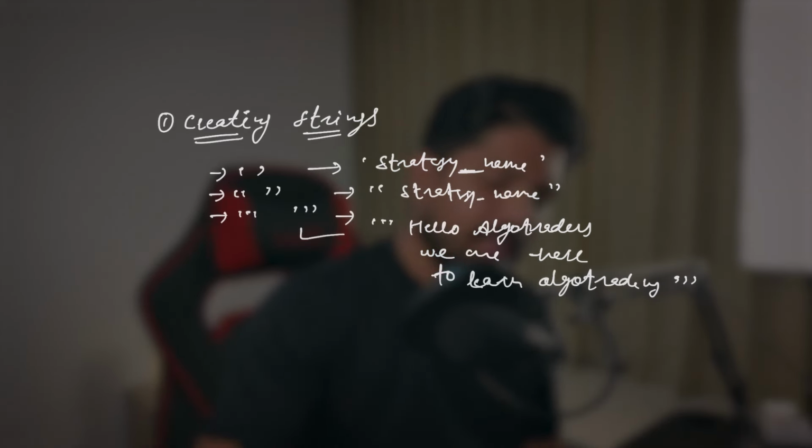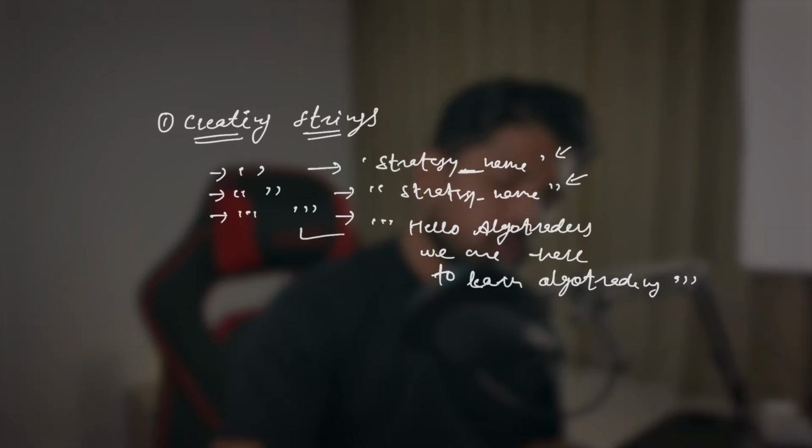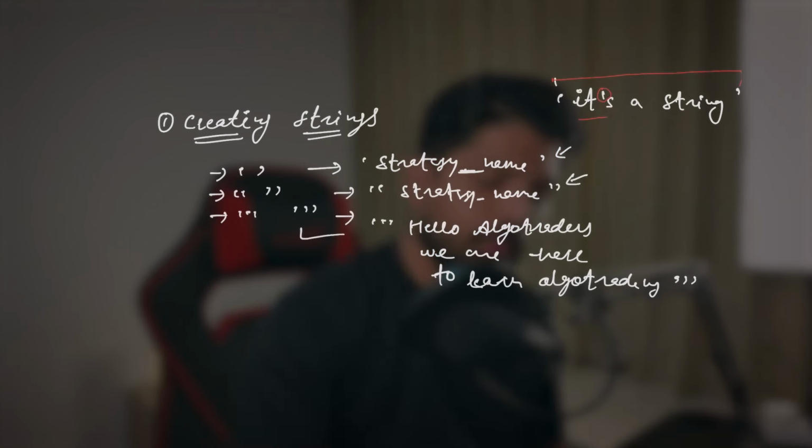And why do we need these two different types of notation, single quote and double quote? For example, say we are writing a string like "it's a string". We have a single quote outside, but inside, for "it's", we also have one single quote.